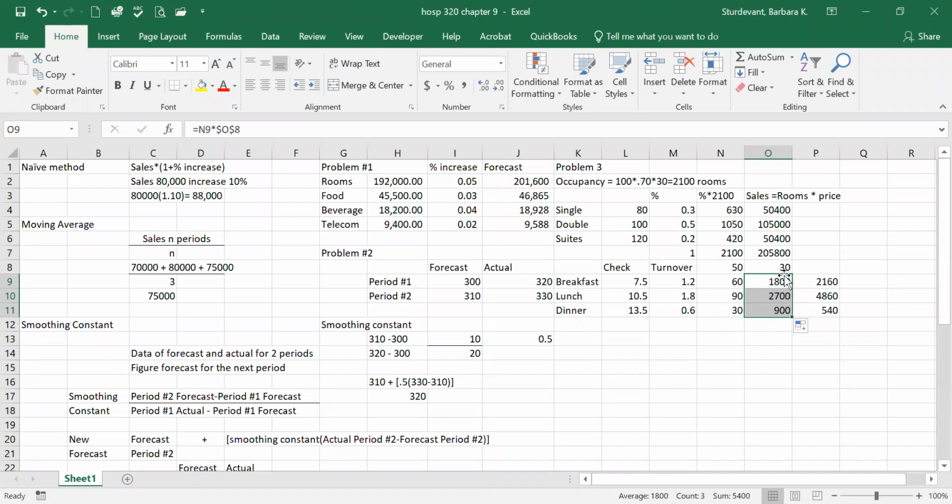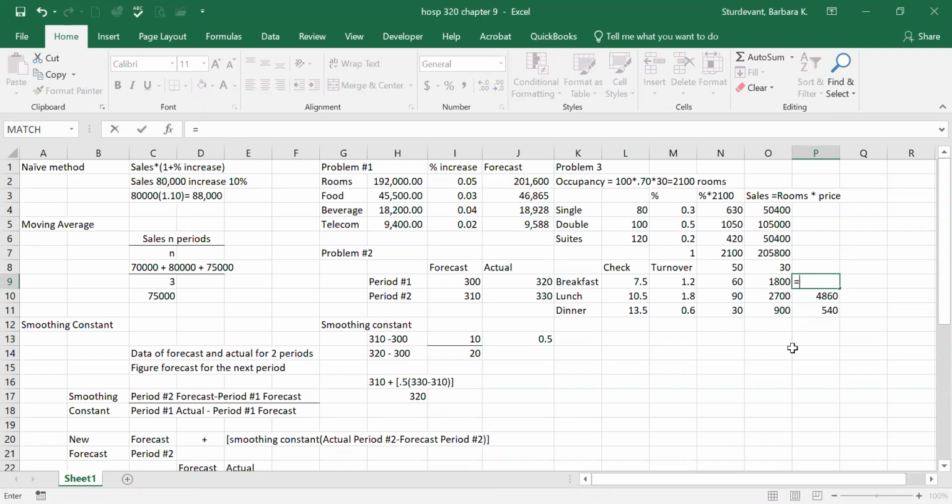this is the number of breakfast, lunch, and dinners that we're going to serve. And so then what we need to do is figure out the sales. So if this is the number of meals, this is the price per meal, we should be able to figure out what the sales are going to be.